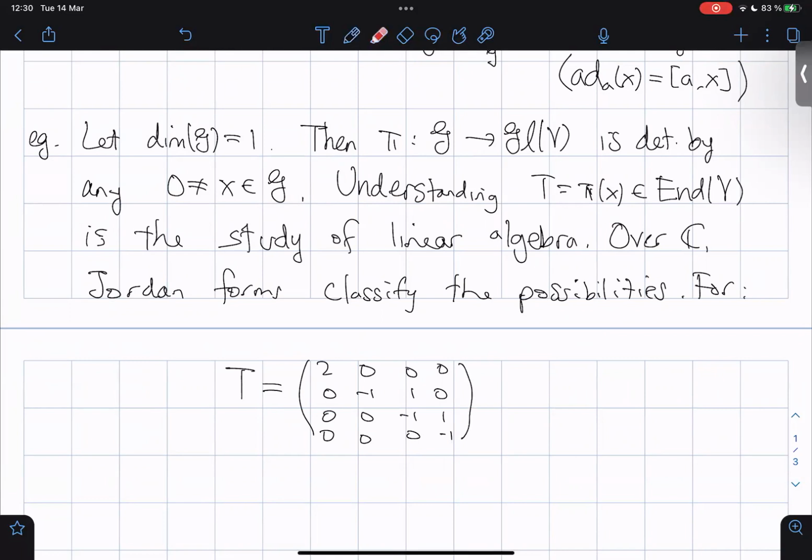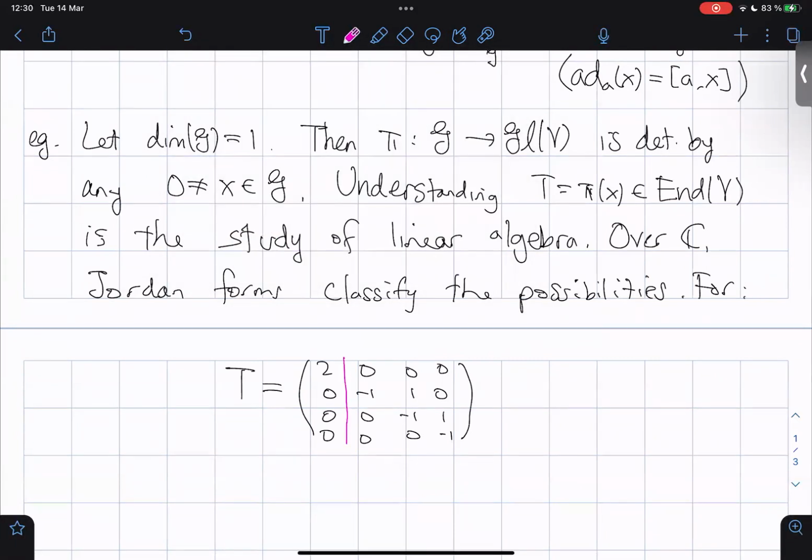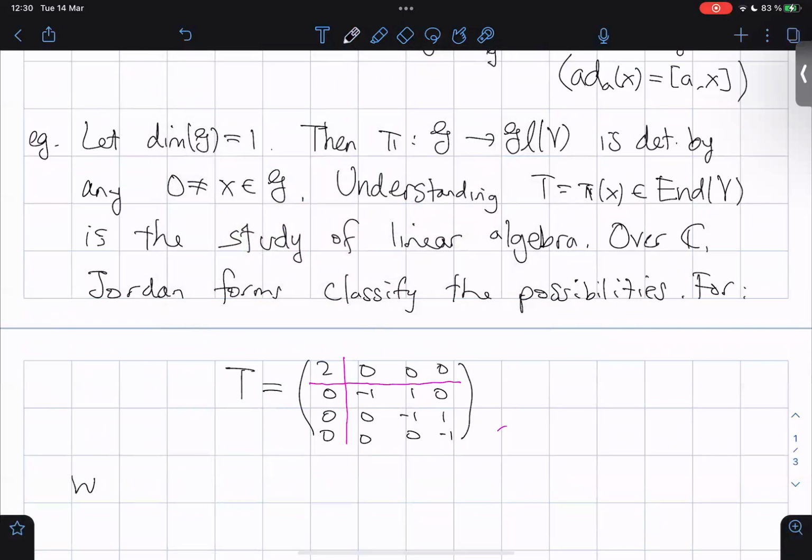Okay, so you have these blocks: a large Jordan block over there, a small one over here. With respect to the basis E1, E2, E3, E4, this is the first, second, third vectors.